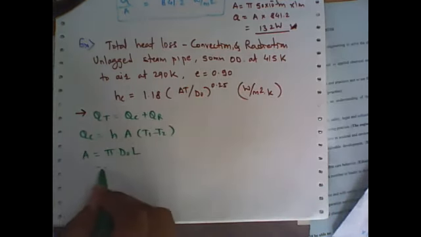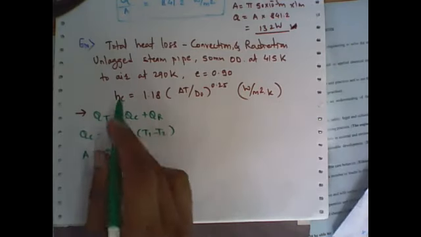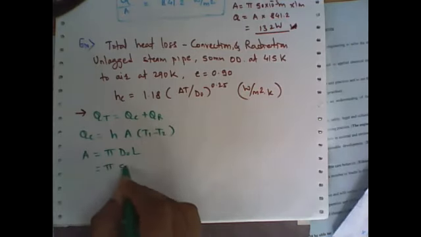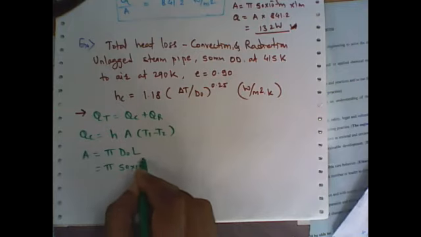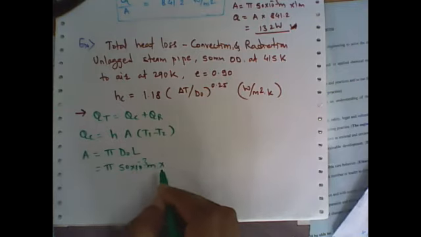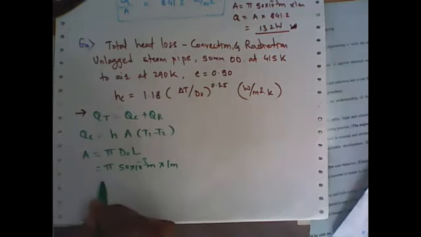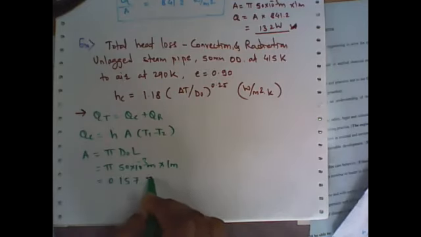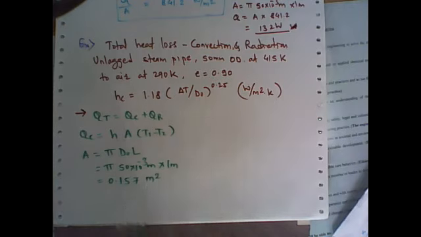Outside diameter is 50 into 10 raised to minus 3 meter. Length is not given, so we assume it as 1 meter. This area is 0.157 meter square.